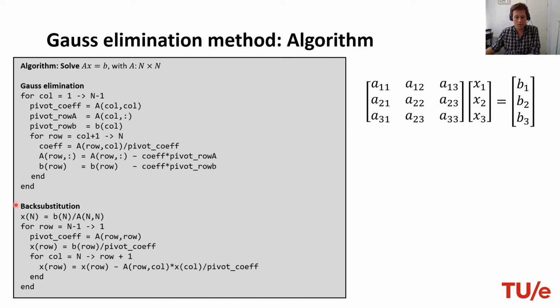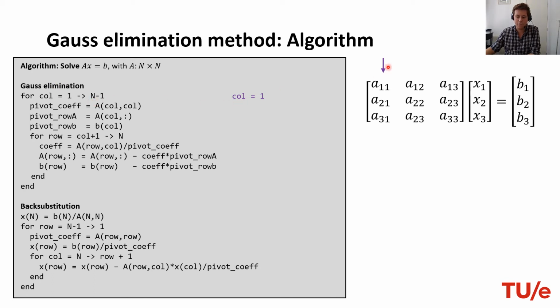So let's walk through this algorithm together. Here we have a for loop, and we loop over all columns, starting from the first one up until not the last one, because we already mentioned that for the last one we don't really need to do anything. So let's be efficient and just loop from the first one up until the second to last one, so n minus 1.